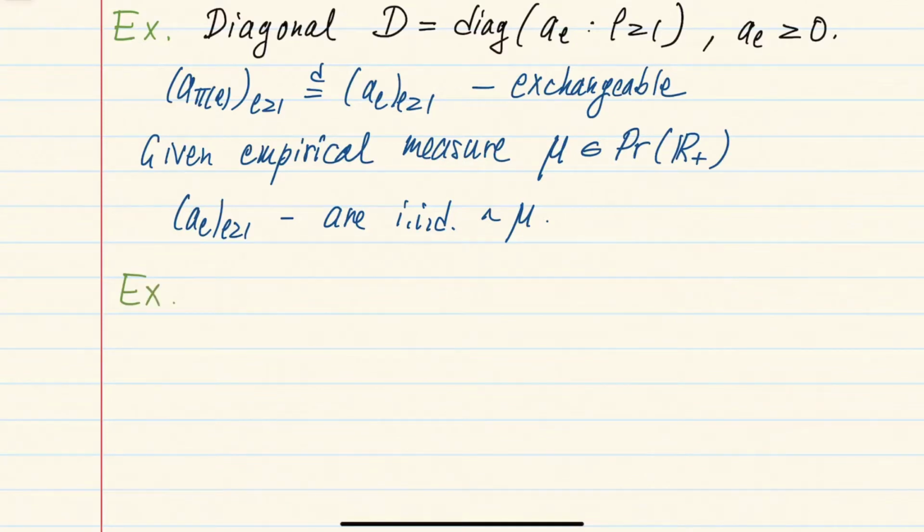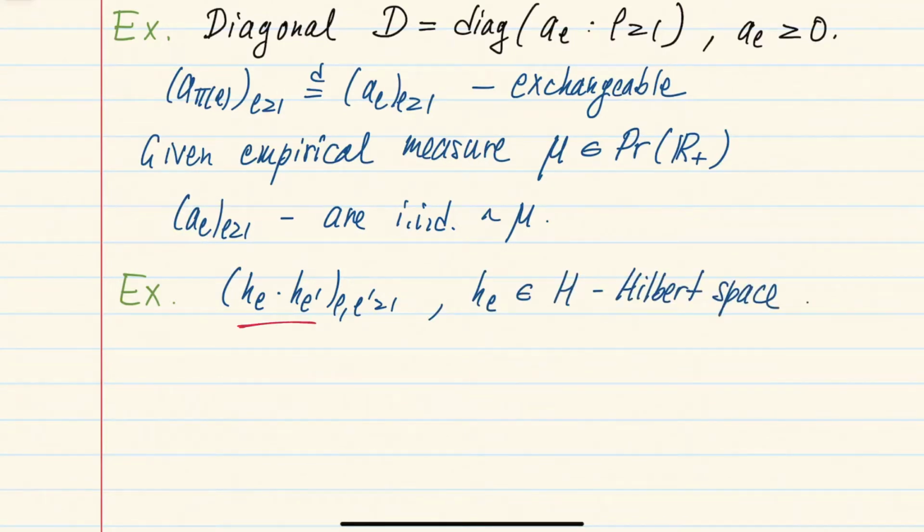So let's consider an array of this form. It looks like a gram array corresponding to some sequence from a Hilbert space, where h_l times h_l' just refers to the scalar product. So of course this matrix is symmetric and non-negative definite.